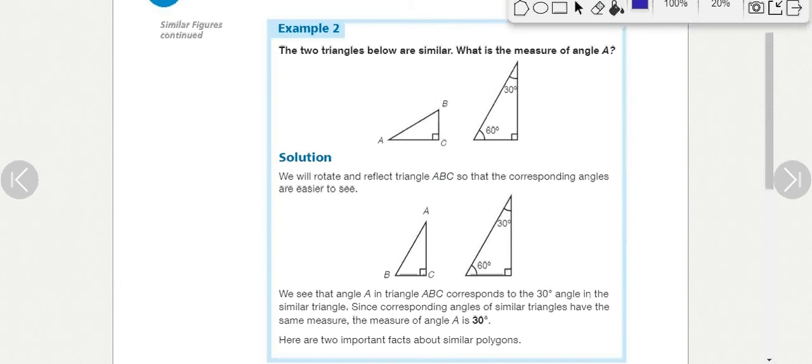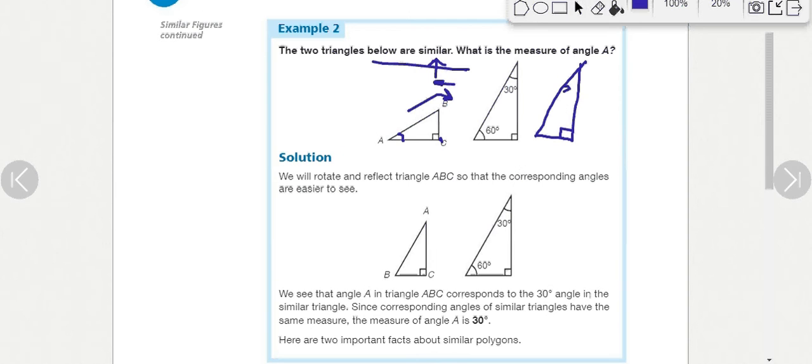sizes for sides. If these two are similar, what's the angle of measure A, you think? We can rotate and reflect this so that it's standing up like that, and we had a 90-degree angle. Oh, yikes. We had the 90-degree angle right here, we've pivoted on and then flipped.